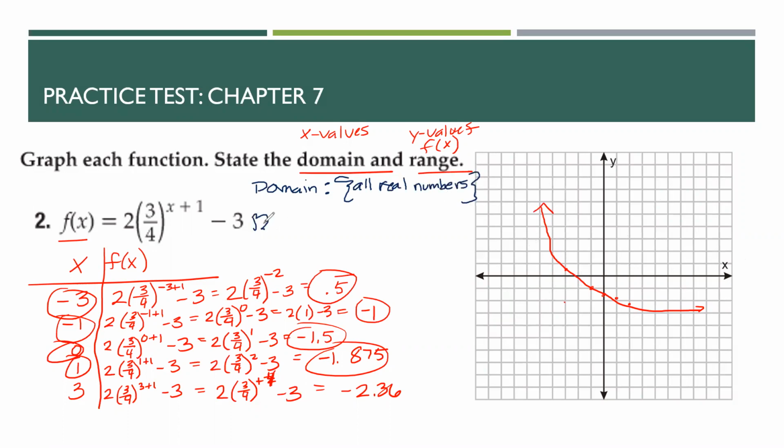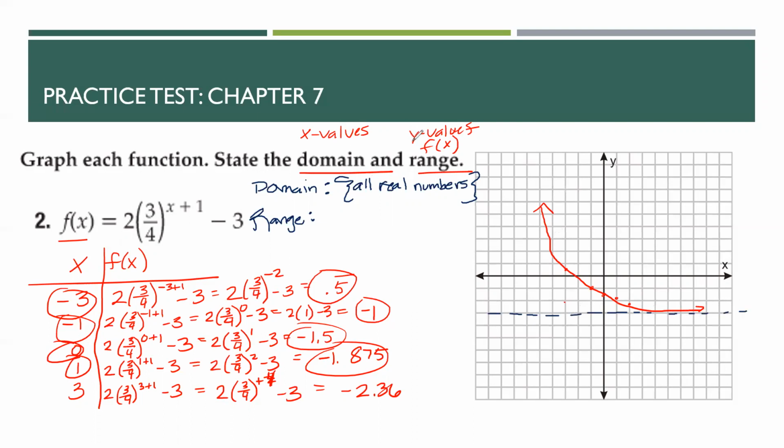And then the range are all of your f of x or y values. Okay, so if we notice our y values are going to keep going up, they're going to keep increasing, but there is an asymptote over here at -3. Okay, it's not going to cross -3.